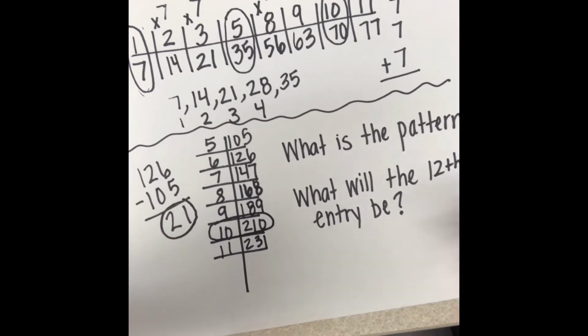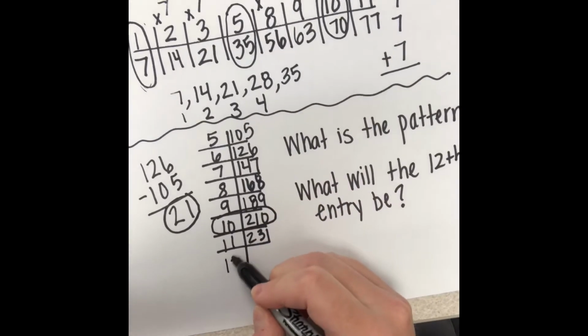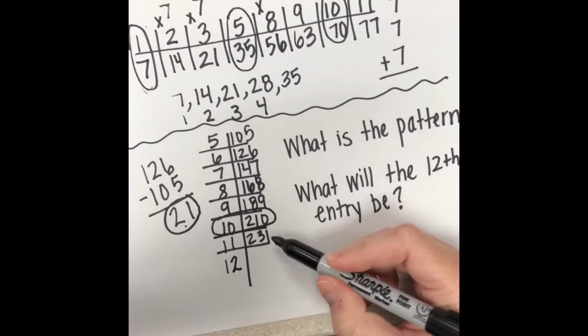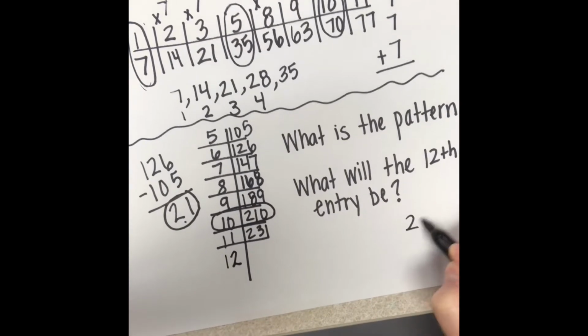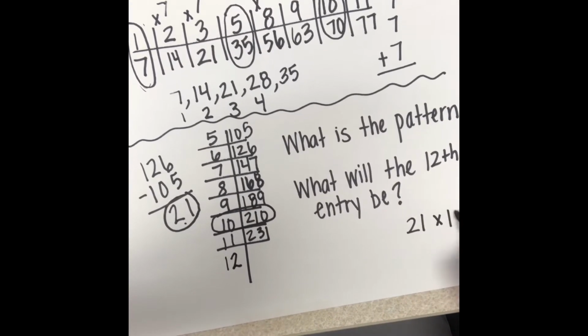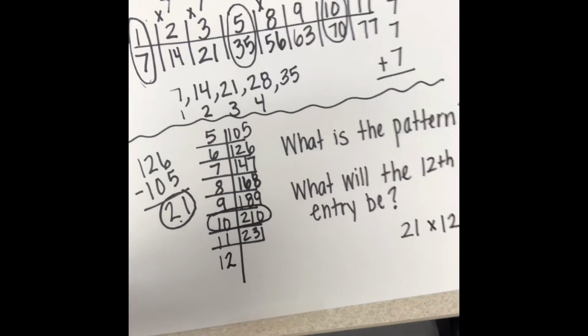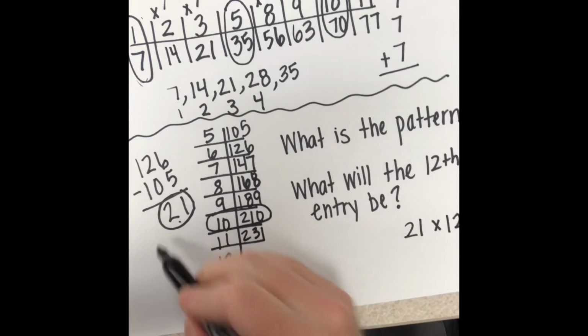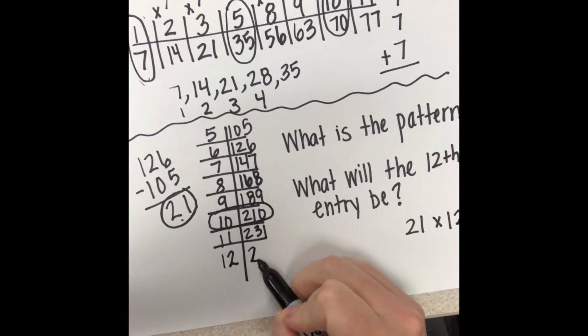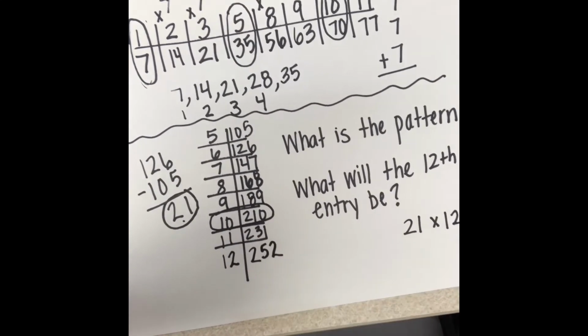So if I'm asking them to continue what that 12th entry would be, they would use that pattern, add 20 more on, or if they wanted to be ambitious, set up 21 times 12, use the area model as we've practiced before, or simply add 231 to 21, which would give them 252.